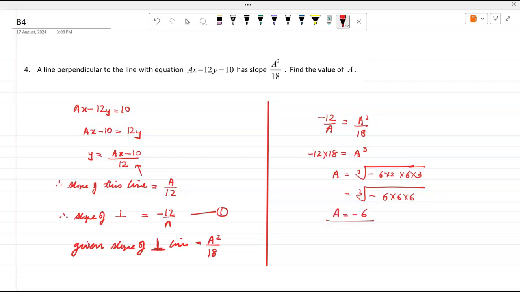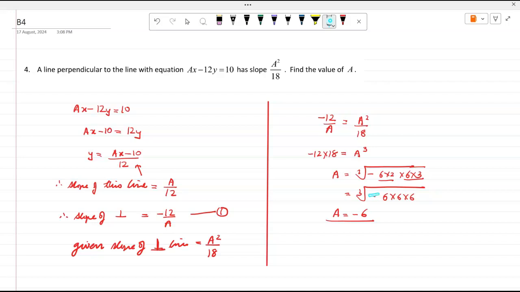When you take the cube root, out of three 6's, one 6 is your answer.